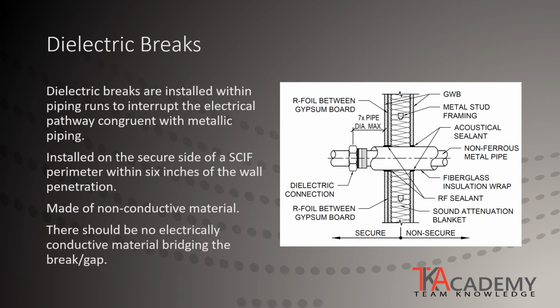There should be no electrically conductive material bridging the break or gap, such as RF foil that would overlap the connection, or a grounding wire which would connect the two sides of the break. In cases where piping cannot have a break, such as with fire suppression lines, grounding the pipe may be an alternate means used to protect the conveyance of electromagnetic energy and emanations.